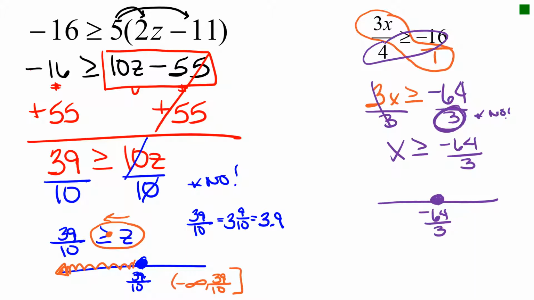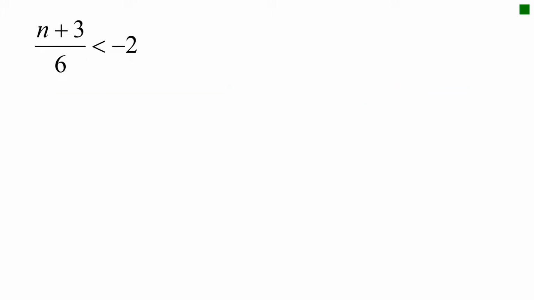I'm going to include it. X needs to be greater, so I'm going to go to the right. So my interval is going to be negative 64 over 3 all the way to infinity. Negative 64 over 3 has a bracket because it is included.